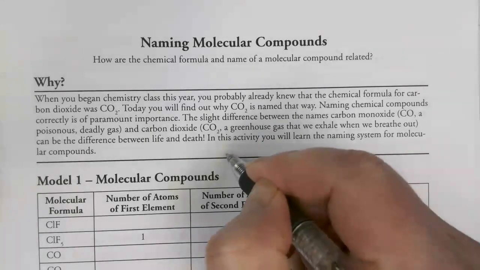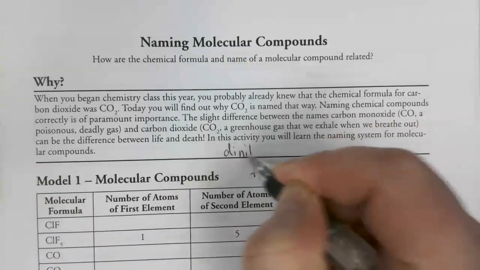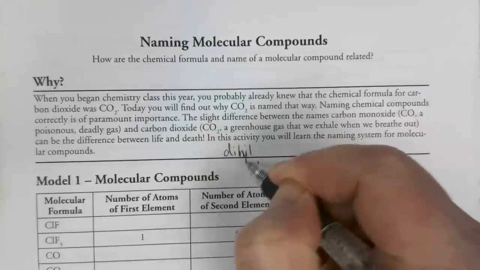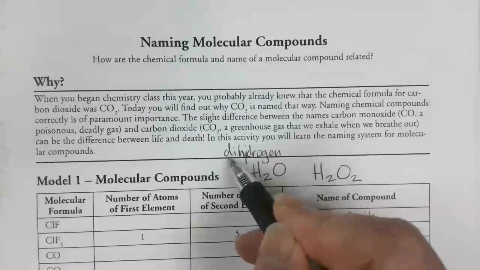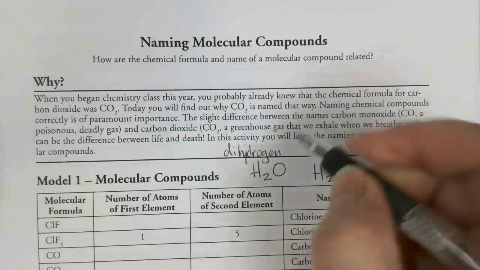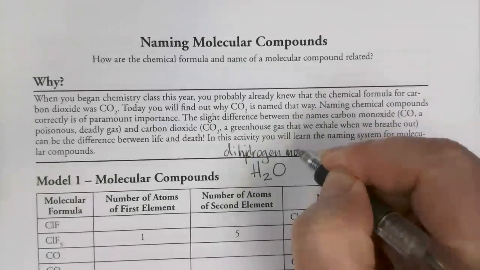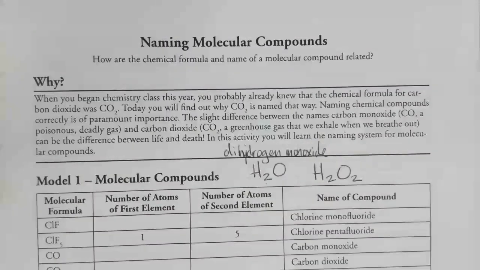So therefore, this compound is called dihydrogen, because it has a prefix. The prefix di means two, so two hydrogens, and then monoxide, which means one oxygen. Literally, the name means two hydrogens and one oxygen. And that is the scientific name of water, dihydrogen monoxide.